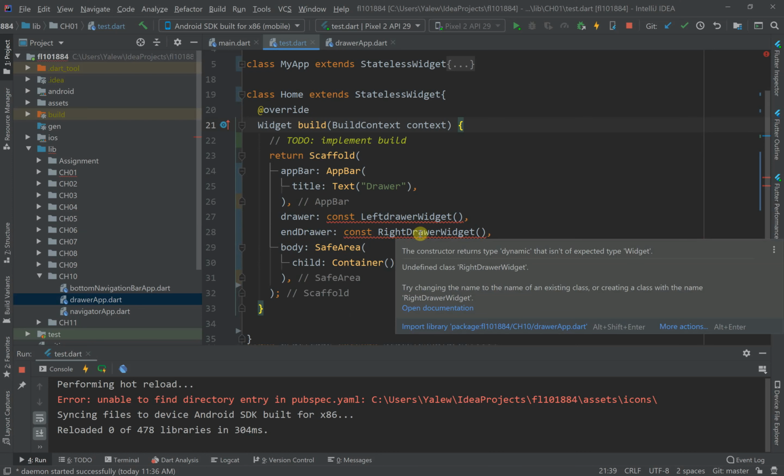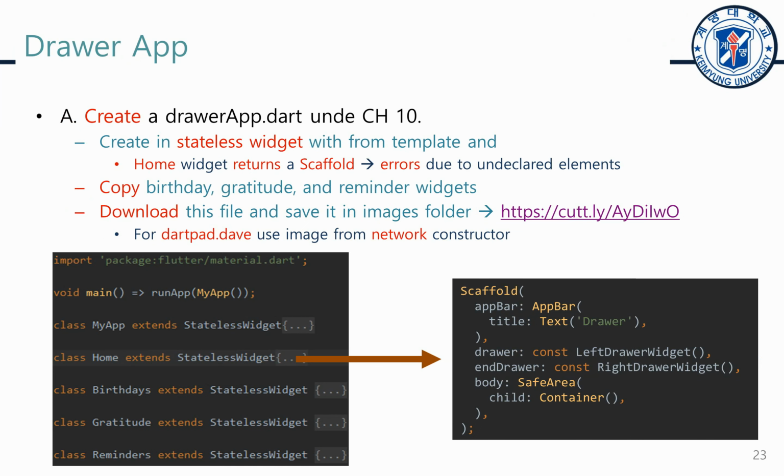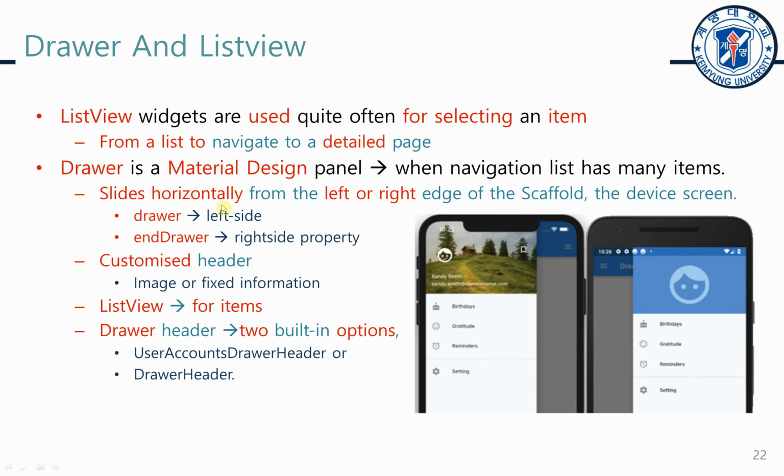So let's go ahead and see how to create those widgets, and also let's see what type of code we need to fill in. So the next thing is we want to create the menus seen here. Since they are using the same menus, we are going to develop one menu and use it in both places.